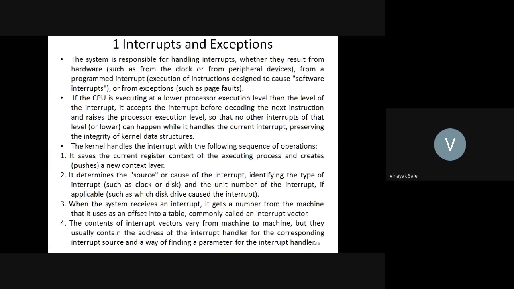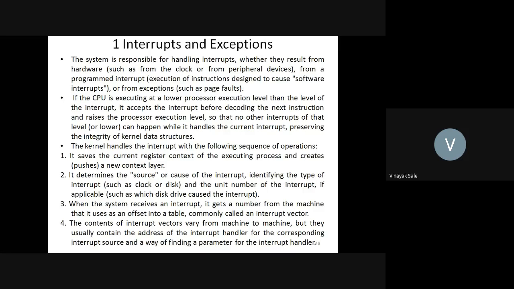The kernel handles interrupts with the following sequence of operations. It saves the current register context of the executing process and creates a new layer.